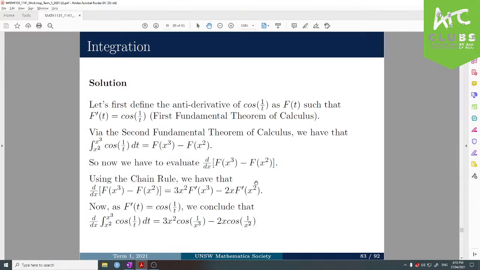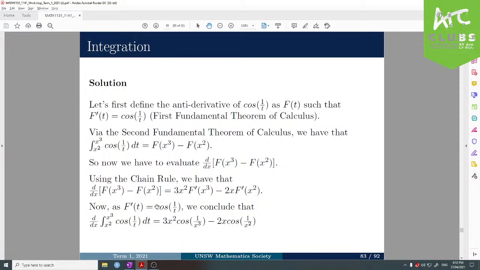Now we go back to the definition of capital F that we did in the first part here. We defined F dash t, capital F, as cos(1/t), and so we can just plug in t equals x cubed and t equals x squared into this expression.